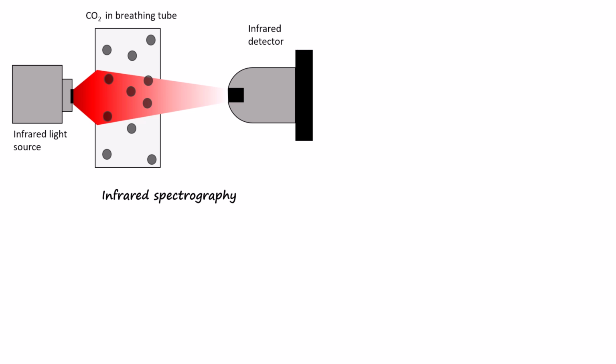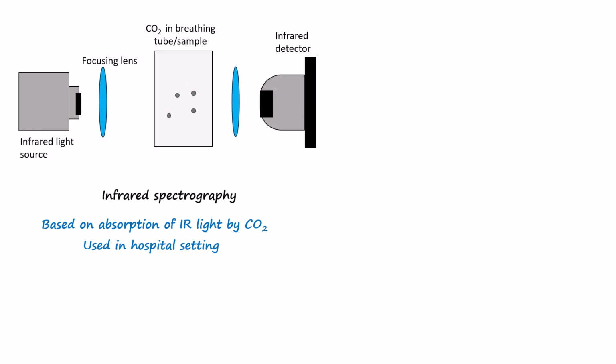Infrared spectrography is the most commonly used method for capnography in hospital settings. It is based on the molecular property that carbon dioxide selectively absorbs infrared light at a specific wavelength of 4.3 micrometers. In this technology, a fixed amount of infrared light is emitted from the infrared source through a gas sample containing CO2, and the remaining light that is detected on the opposite side by the infrared sensor is calculated.